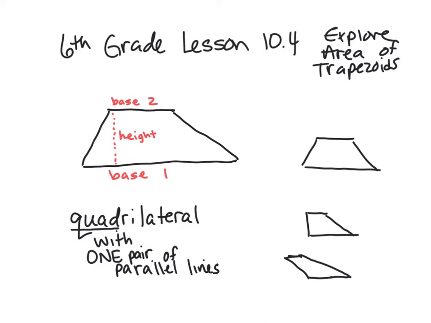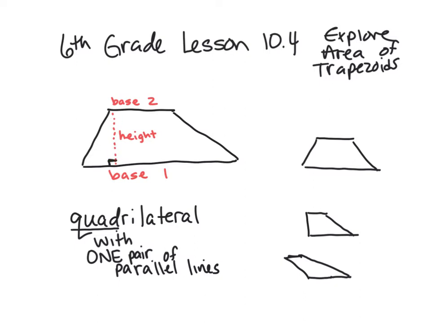Vocabulary that's important to remember for trapezoids is these parallel lines we call base 1 and base 2. This one has it listed, this is base 1 and this is base 2, although if you reverse them it's not a big deal. And then you just need to know the height, going from base 1 to base 2 at a right angle.